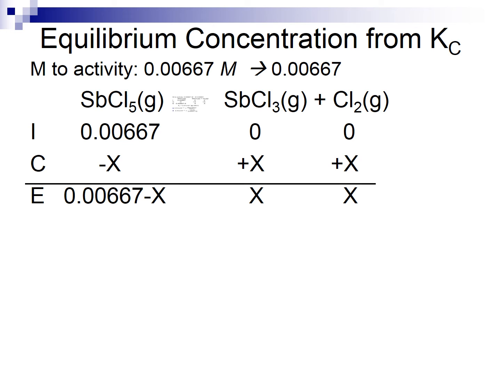At equilibrium, we expect to have concentrations of 0.00667 minus x for the antimony pentachloride, x for the antimony trichloride, and x for the chlorine.